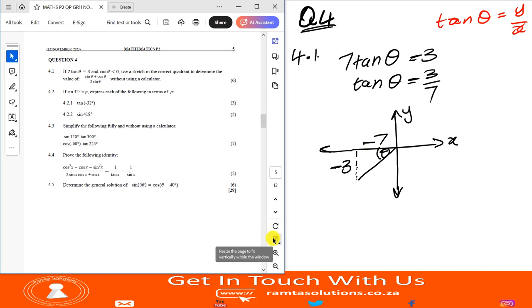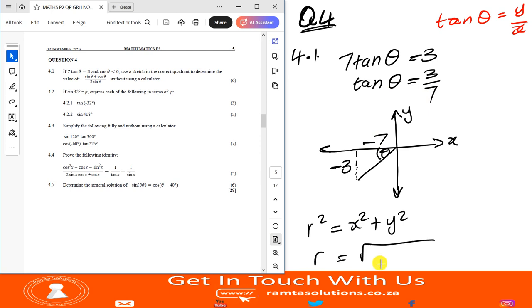We should also try to find the hypotenuse. So we will say r squared equals x squared plus y squared, right? So what is r? We do not know. So let's say r equals the square root of x squared plus y squared.